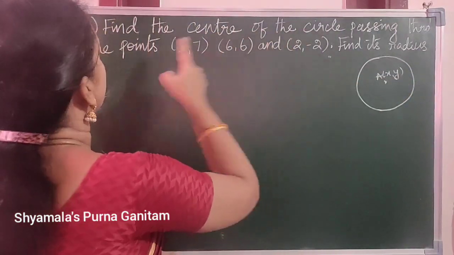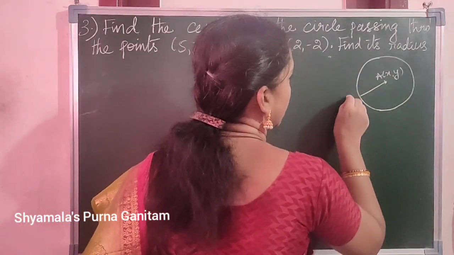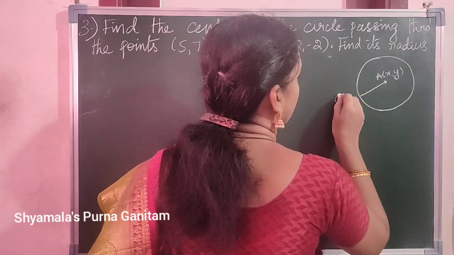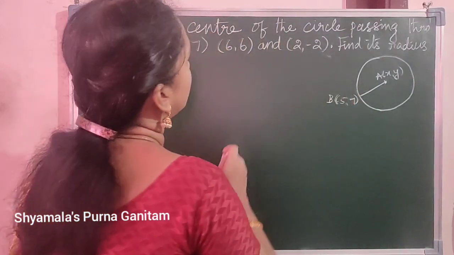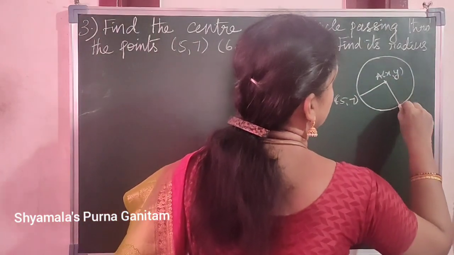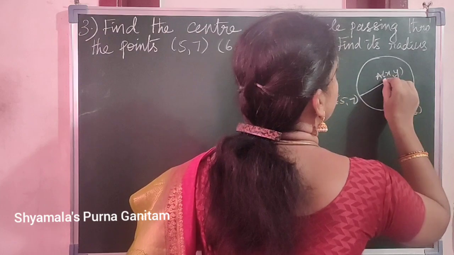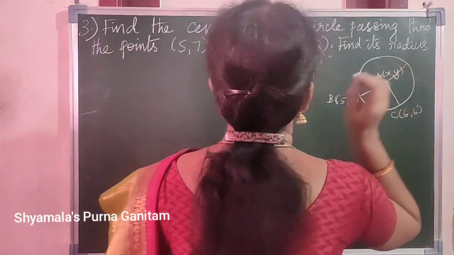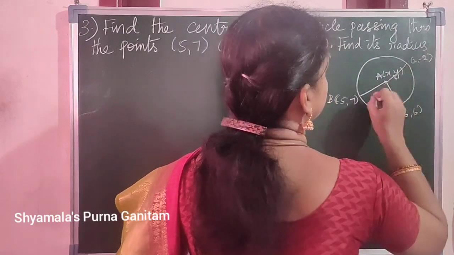Passing through the points: one point is 5, 7, take this as B. Another one is 6, 6. Then another point is 2, minus 2.